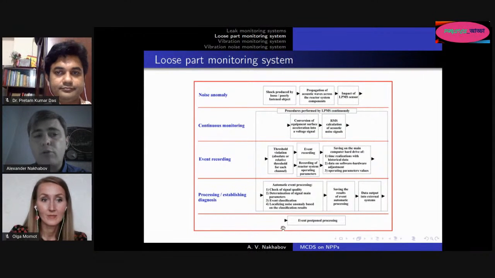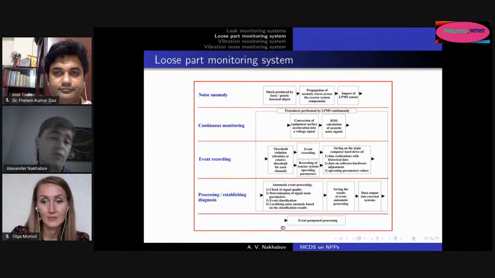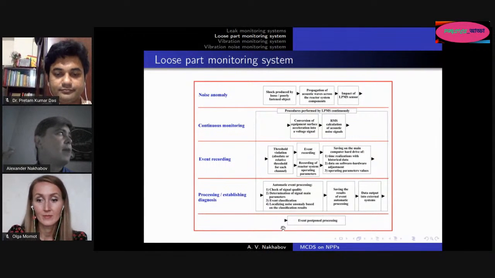About loose parts, not free but loose parts, we can speak, for example, about fuel assemblies or fuel rods, because all fuel rods are fixed inside of fuel assemblies in several points by point welding.